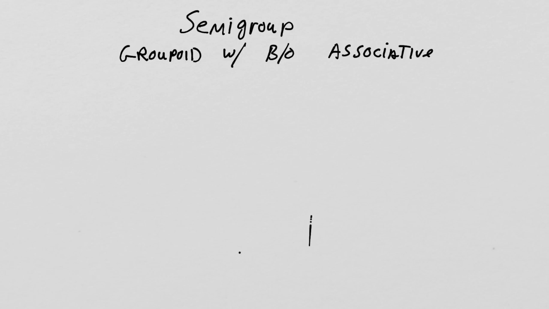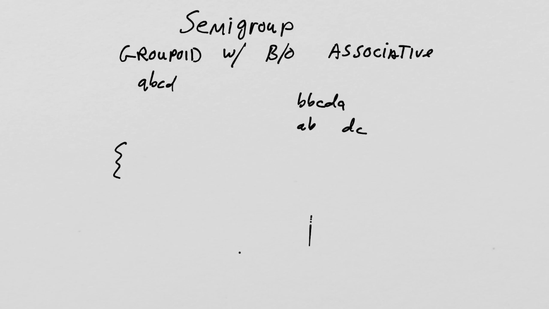And a good example of a semigroup is imagine if we took some letters, say A, B, C, and D, and we started talking about making strings of these letters. So a string might be BBCDA, or AB, or DC. Those would all be strings.